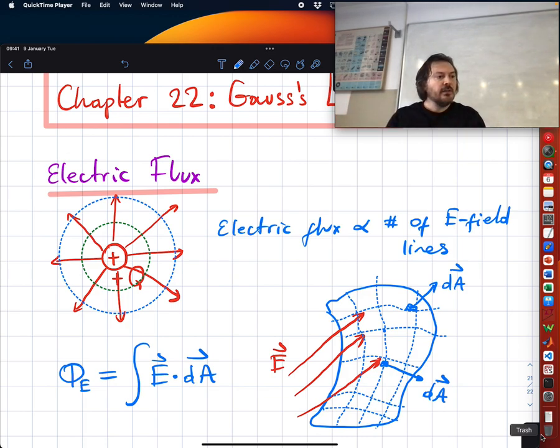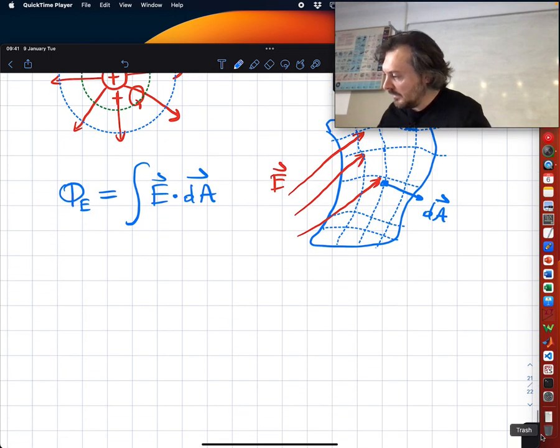Let me tell you this way. Electric flux is the total electric field times the amount of area that is perpendicular to the electric field. If the area is directly perpendicular, then all of it is included in the flux. But if the area is tilted, then the perpendicular part of the area is less.